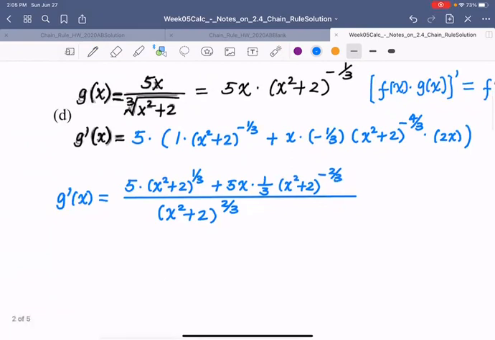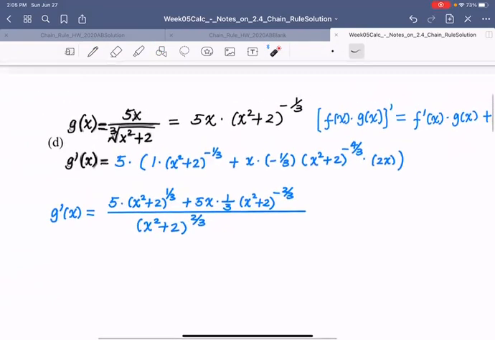And we can check. Look, this guy, we can do this to see if they are exactly the same. That equals 5 times x squared plus 2 to the power of negative 1/3, right?